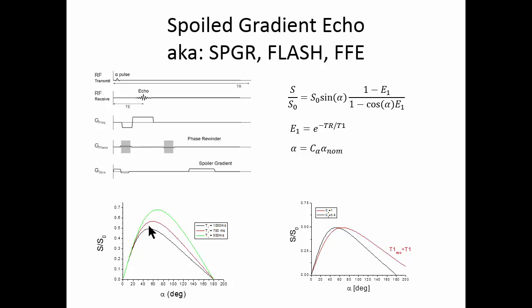Yet again, there is a problem, and the problem arises from the fact that you have B1 inhomogeneities, and therefore whatever you're prescribing as your RF excitation pulse, be it 5 or 7 degrees, it's usually not. You have some scaling factor. What it means is basically your definition of your x-axis is wrong, and therefore you end up with a curve like that. And yet again, you are simply using few of the data points to get the T1, and bingo, you usually end up with a T1 relaxation time shorter than it should be.